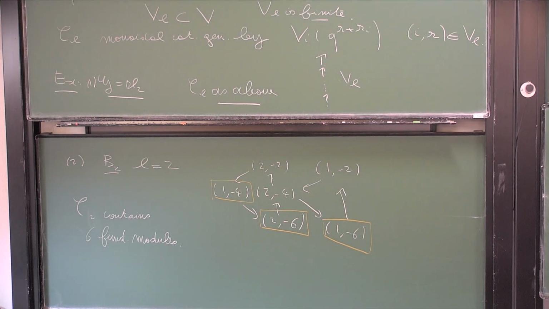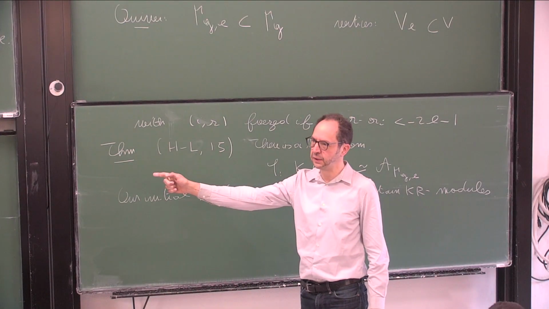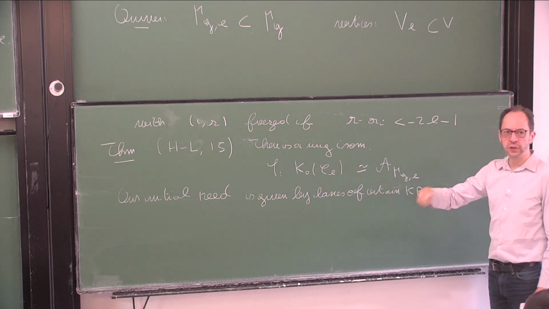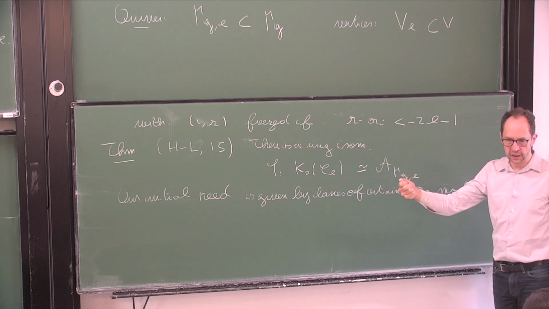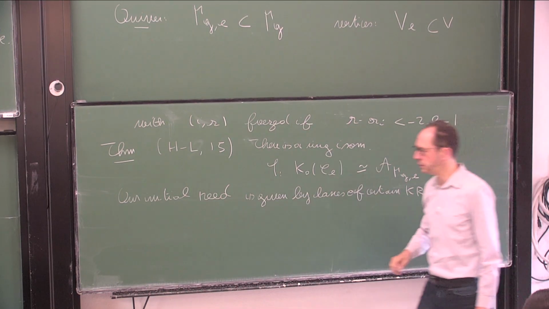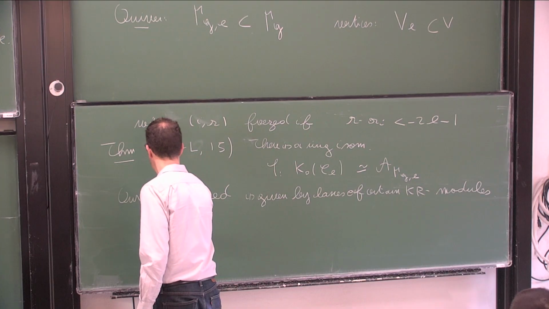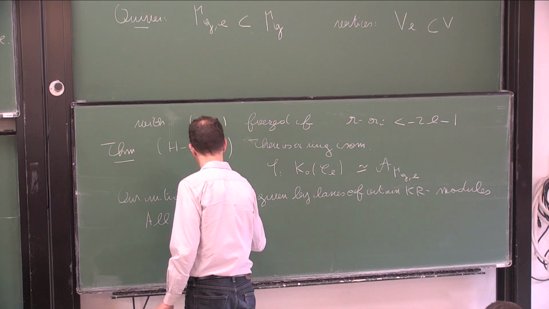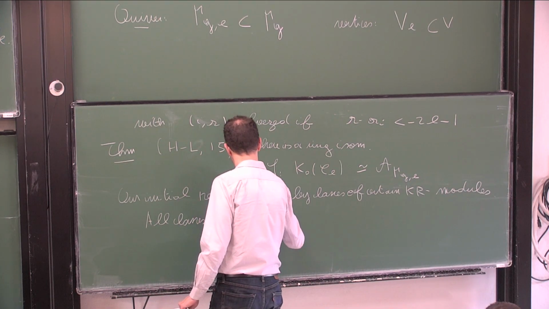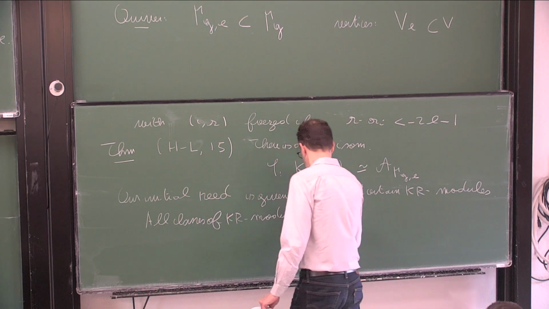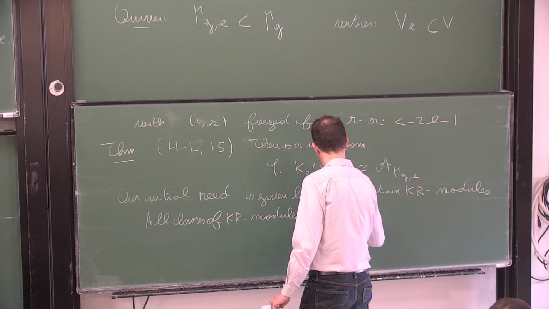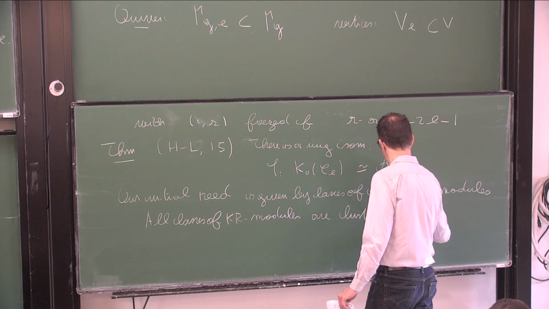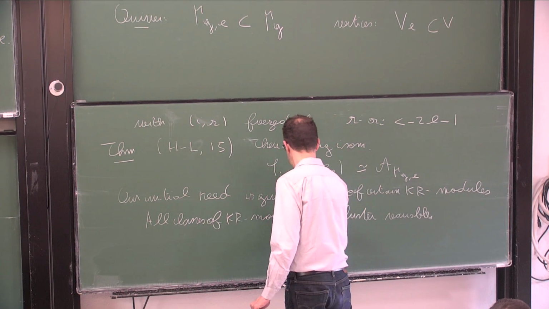However, there are many fundamental modules in this category, and many Kirillov-Reshetikhin modules, and we proved also that all Kirillov-Reshetikhin modules are cluster variables. All KR modules in CL are cluster variables.